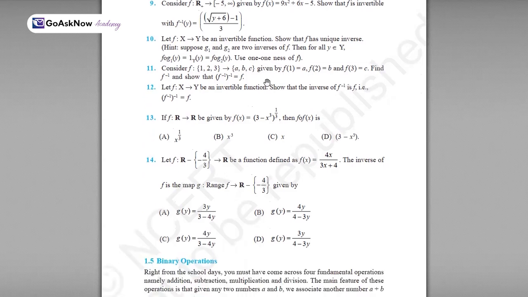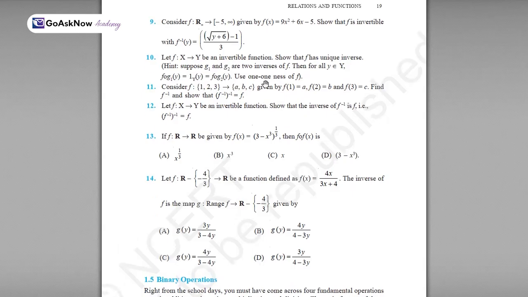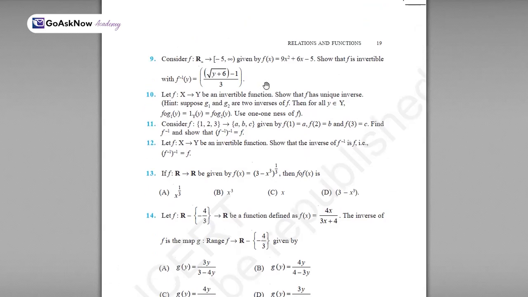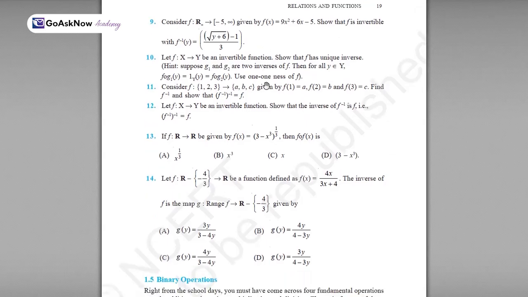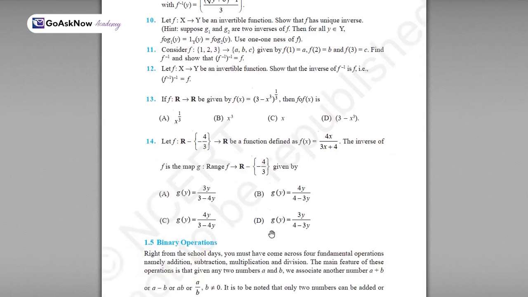Whatever I told you till now was enough for this exercise. The other questions, I hope you can do them by yourselves, because I have told you the tough ones, and the others are easier.